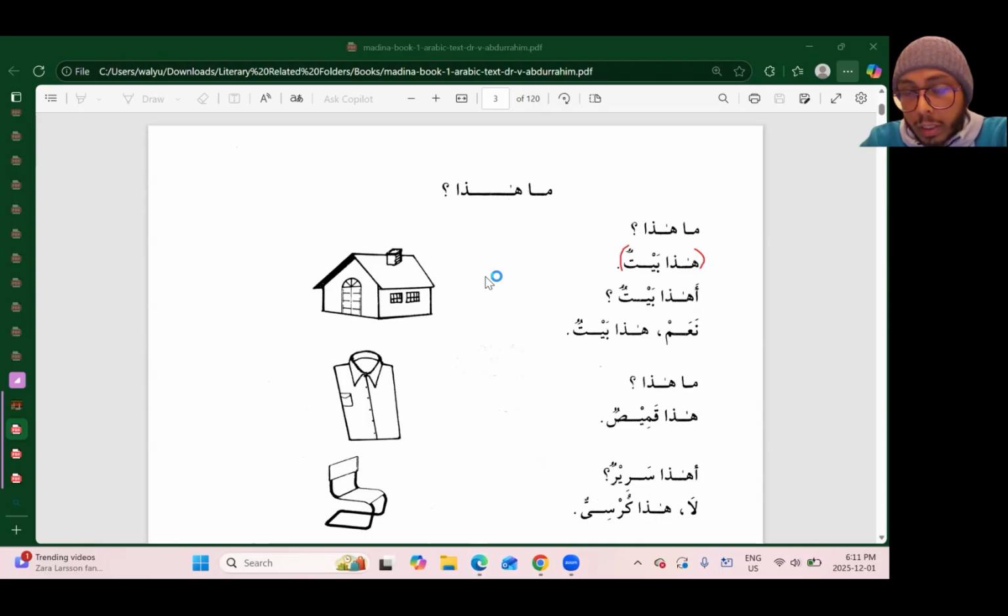If we put brackets and then we add this hamza, it functionally changes the entire sentence into a question. So this is a statement. This is a house. And now you've turned it into a question. Is this a house? Lots of formulas and math involved. Na'am, yes, this is a house.